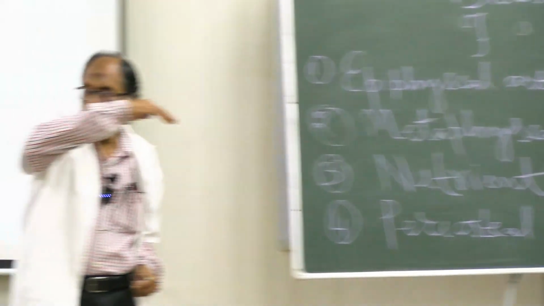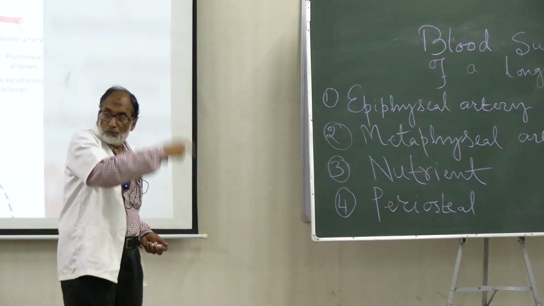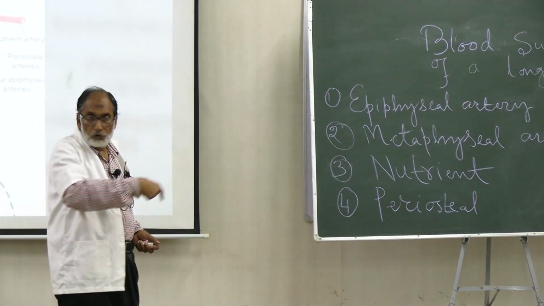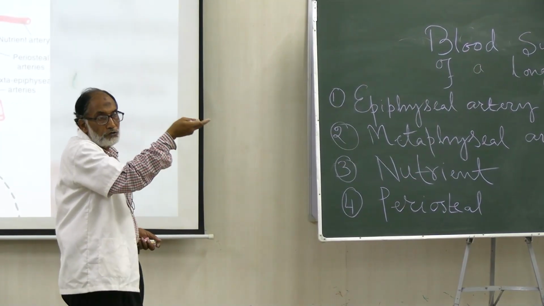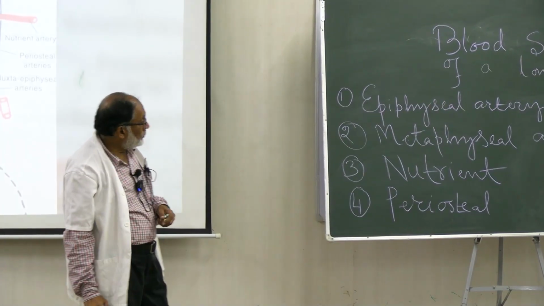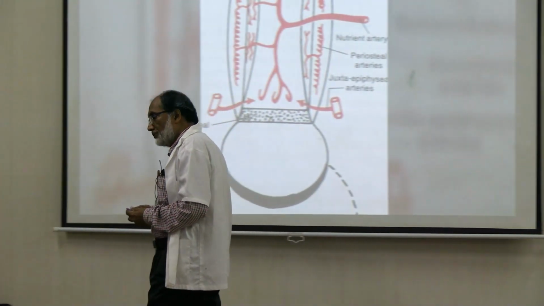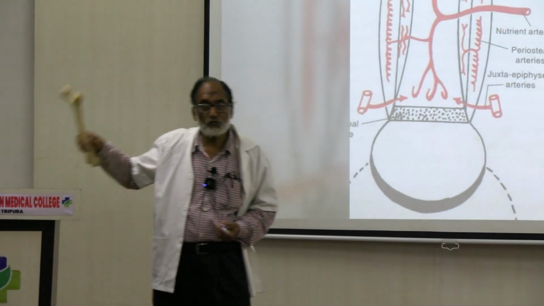Actually, I have not written them according to importance. Most important is the nutrient artery. So you should write nutrient artery first, then all the other arteries. Now, the nutrient artery generally enters into the shaft.